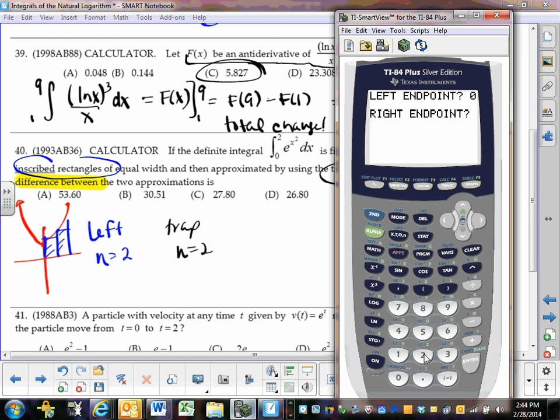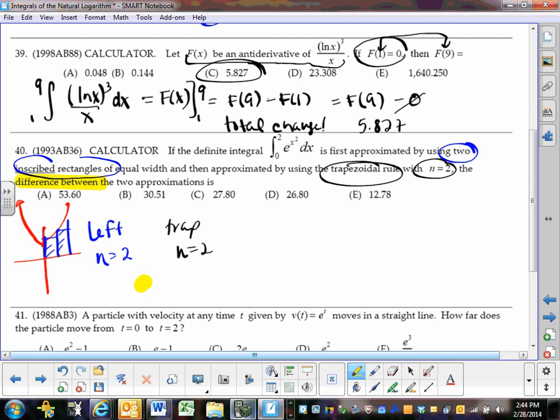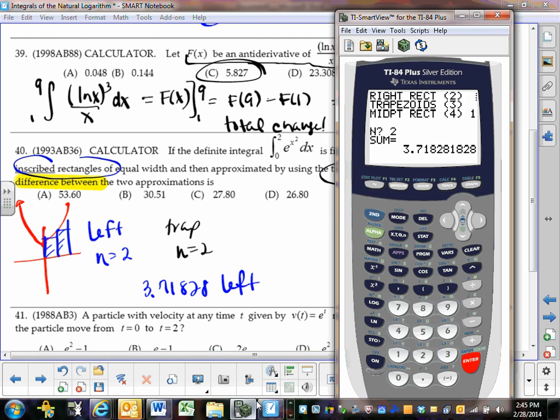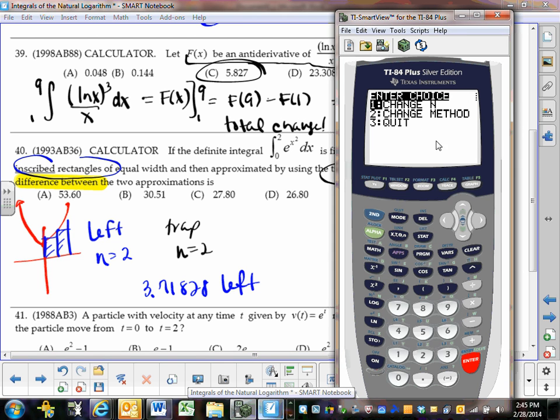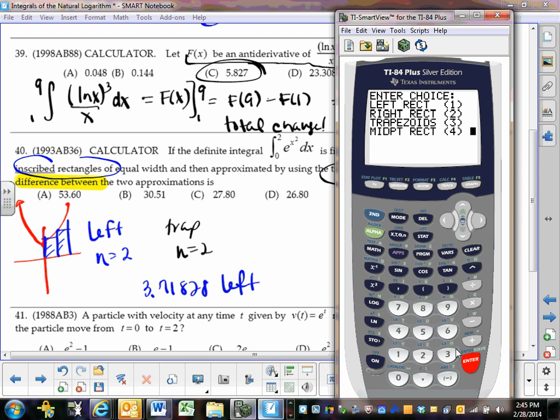So if I do the integral, starting at x is 1 and stopping at x is 9, of the fraction, of parentheses, natural log of x, close the natural log, close the parentheses, cube the natural log function, divided by x dx, I get 5.827 minus 0.